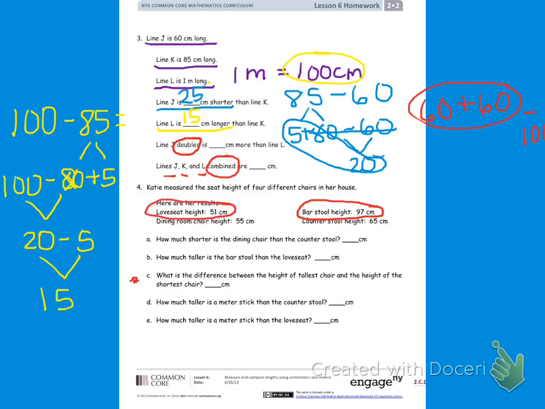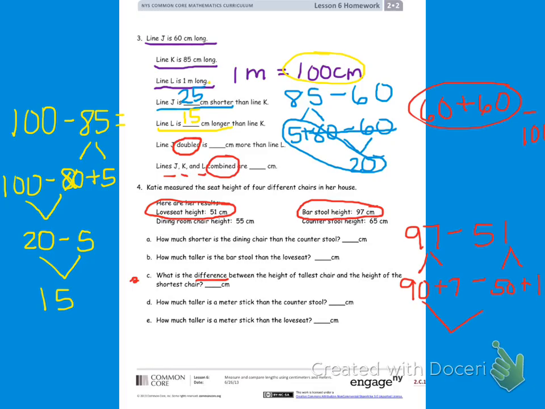We want to find the difference between the height of the tallest and the height of the shortest chair. In order to do that, we subtract. So I'm going to take 97 and subtract 51. When I decompose the numbers, 97 is 90 plus 7, and all of that subtracting 50 plus 1.